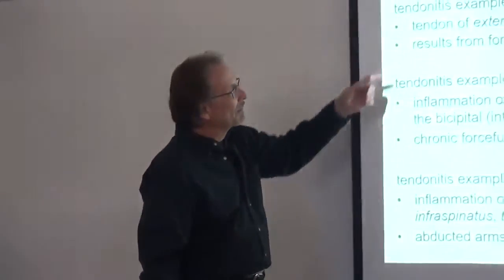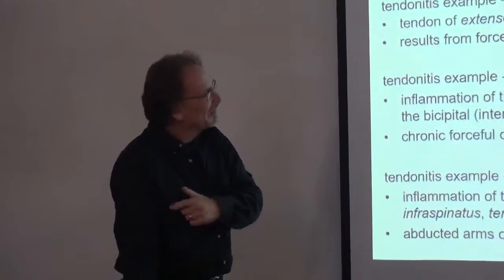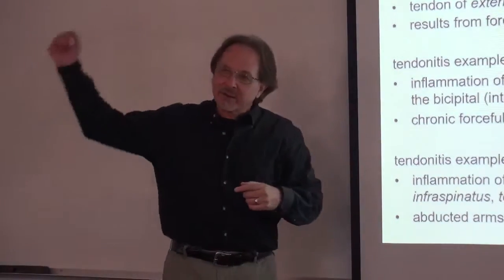And then rotator cuff. And notice I'm moving up from the lateral epicondyle to bicipital tendinitis all the way up to rotator cuff. And the rotator cuff is primarily the deltoid.